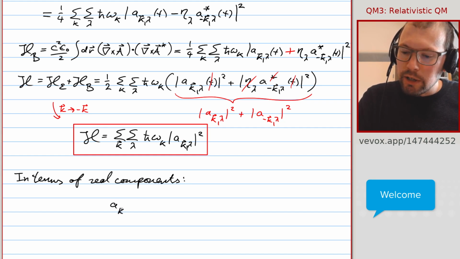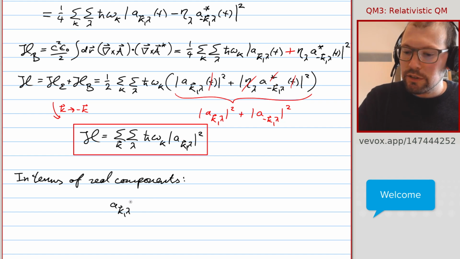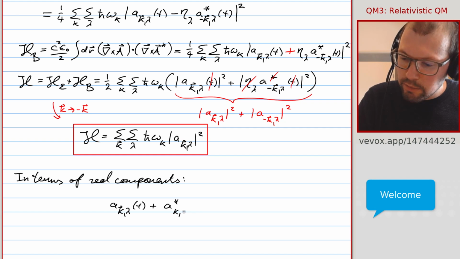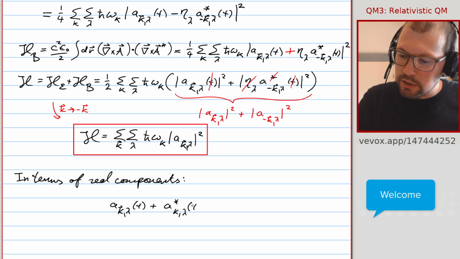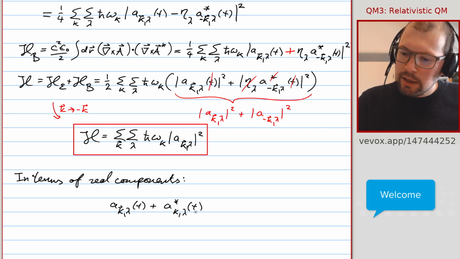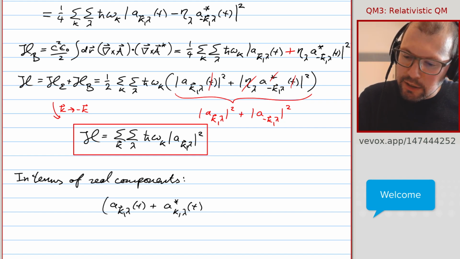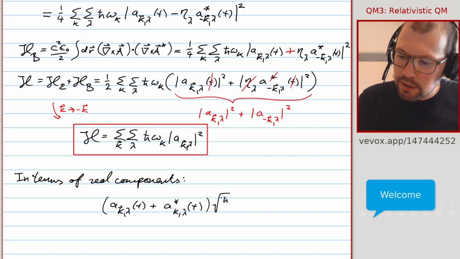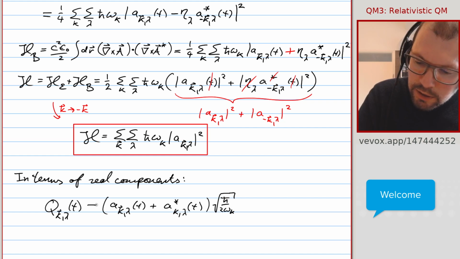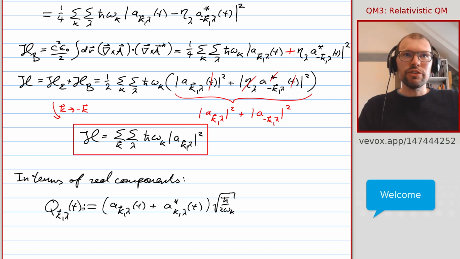Well, the real part of these coefficients, I have to take a plus its complex conjugate, and okay, let's make it dimensionless. Let's give this a suggestive name. So that is the real part.